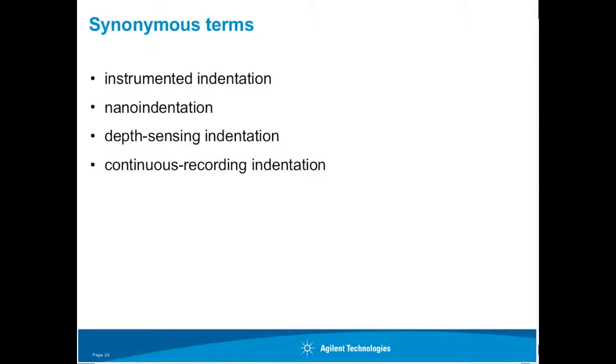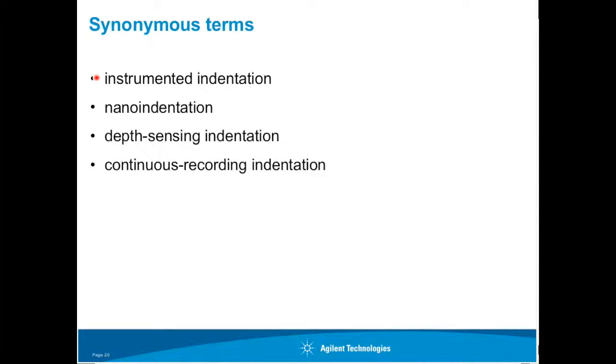I do tend to use nanoindentation when I want to emphasize the fact that continuous recording of force and displacement opens up this possibility of doing nanoscale indentation. And I'll use instrumented indentation when I want to emphasize the generality of what we're doing here.